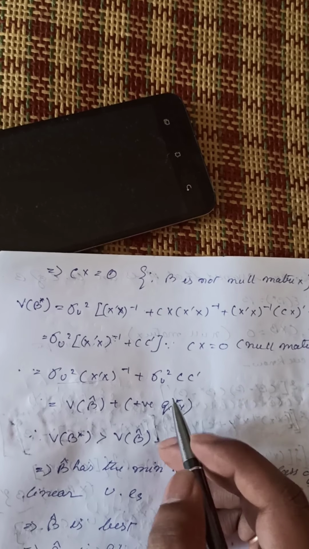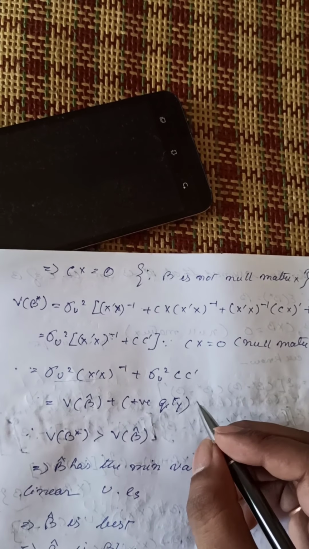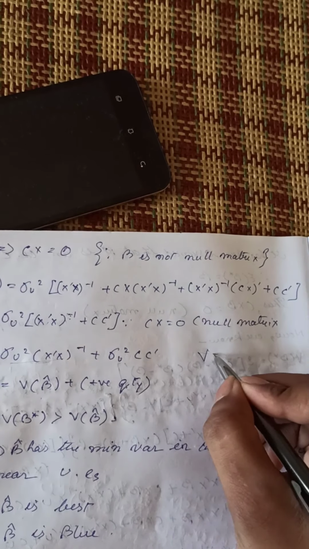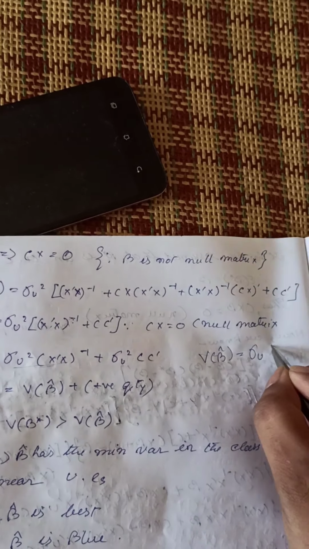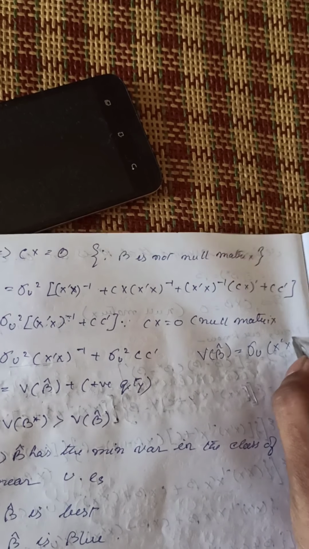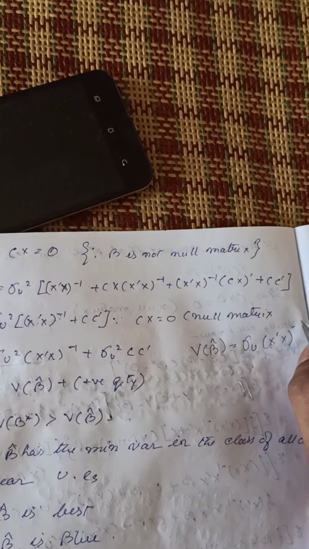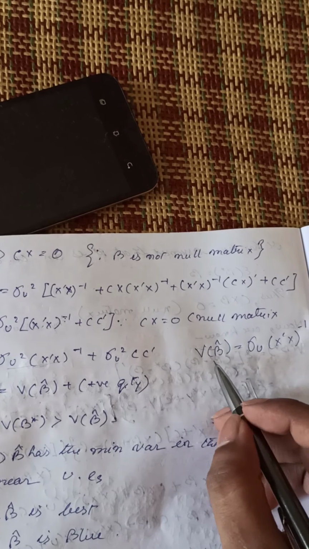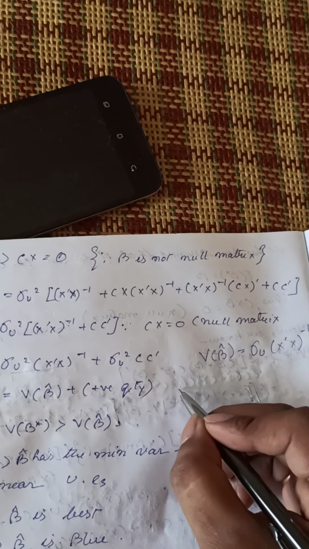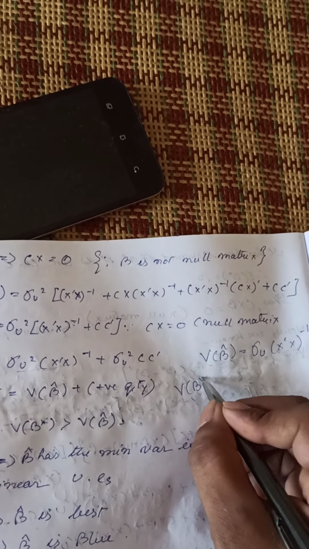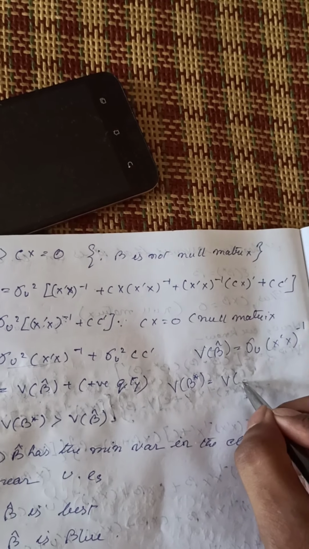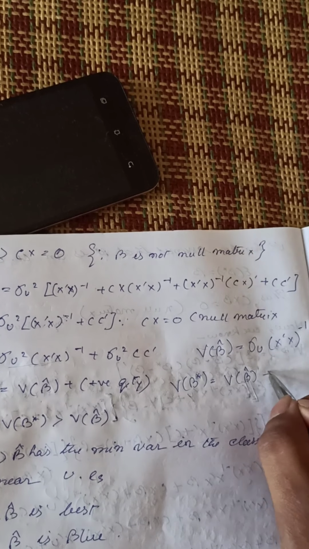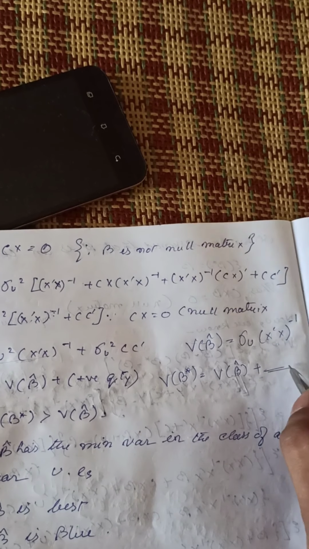So thus we can see that variance of beta cap was only sigma u square x transpose x inverse. Okay, so variance of beta cap was only this, whereas variance of beta star is equal to variance of beta cap plus something more.